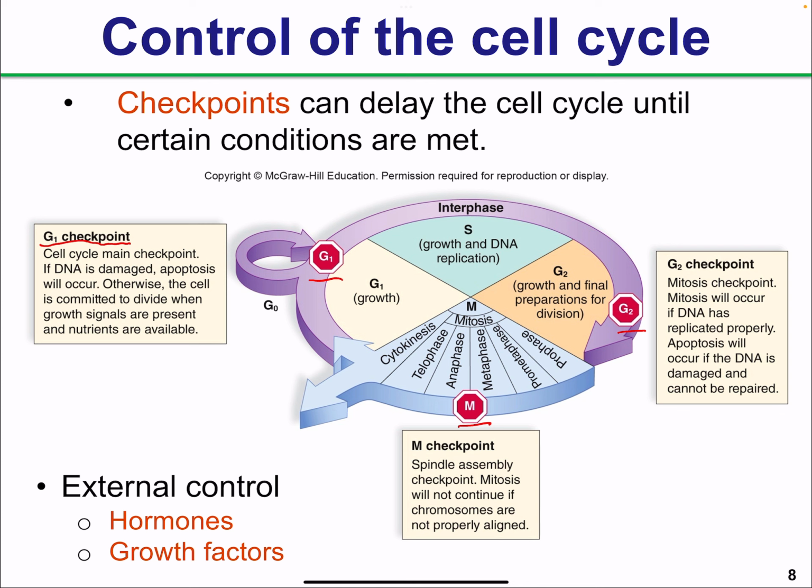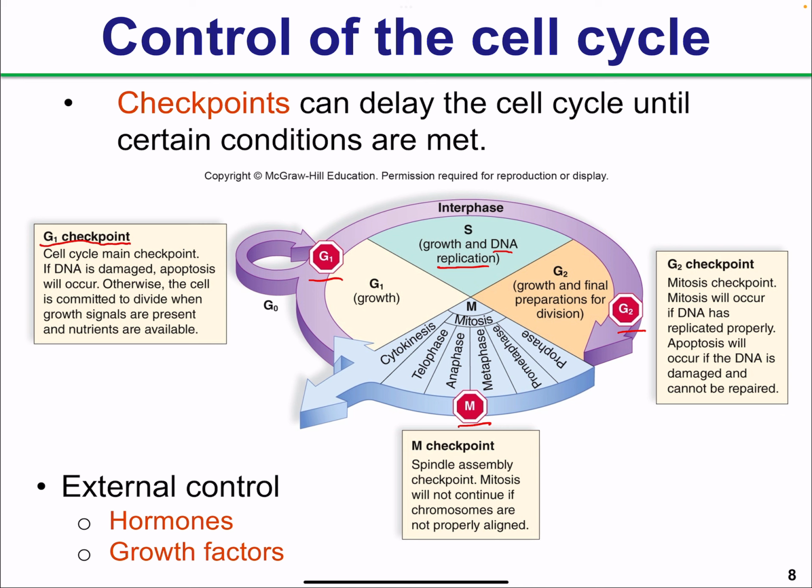Then, after the S phase, a very important piece is that the cell has to make sure that the DNA was properly replicated. If the DNA was not properly replicated, well, we have to stop everything, right?